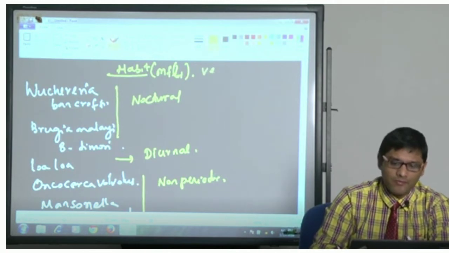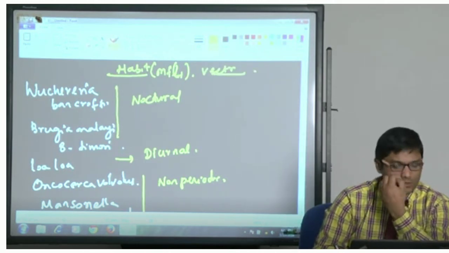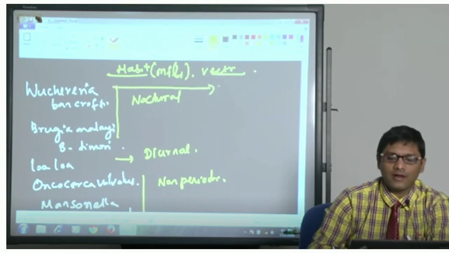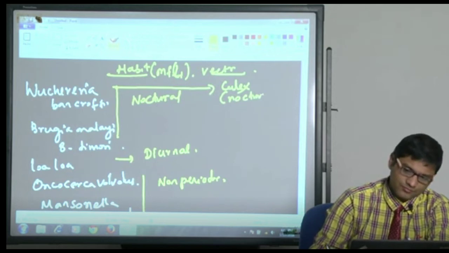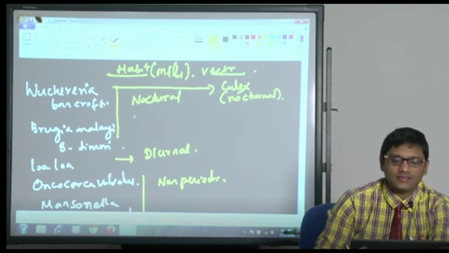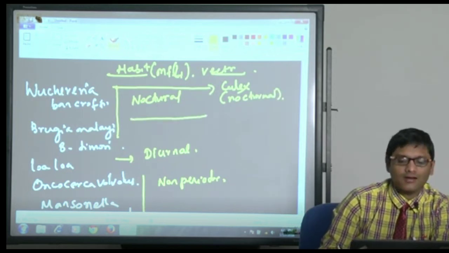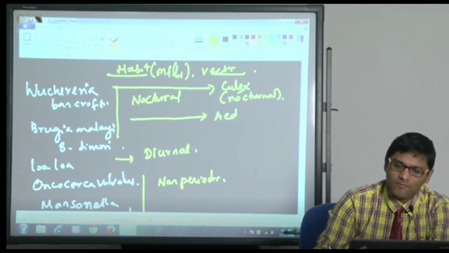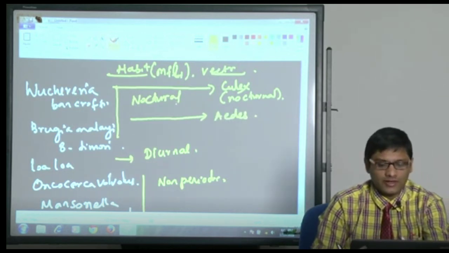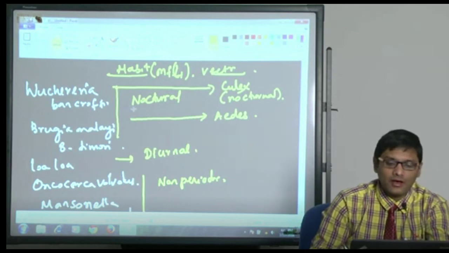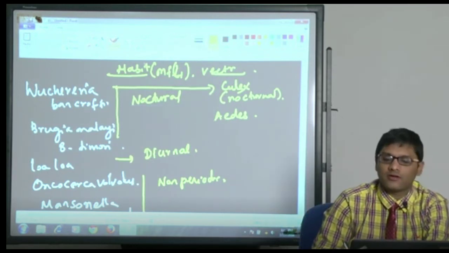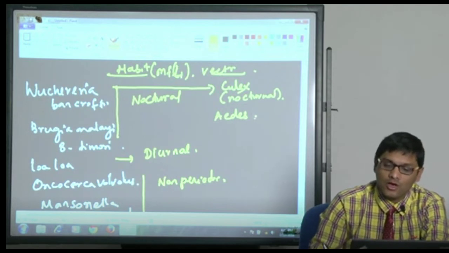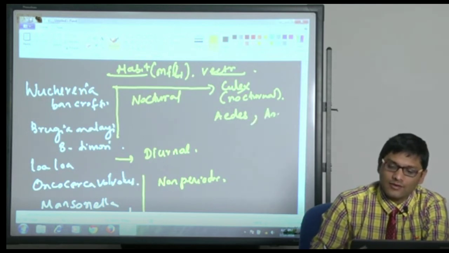Regarding the vector, for Wuchereria bancrofti, the routine vector is Culex, which is nocturnal, whereas the strains that are transmitted by Aedes are sub-periodic in habitat. They say that Wuchereria bancrofti can be transmitted by Culex, Aedes as well as Anopheles.